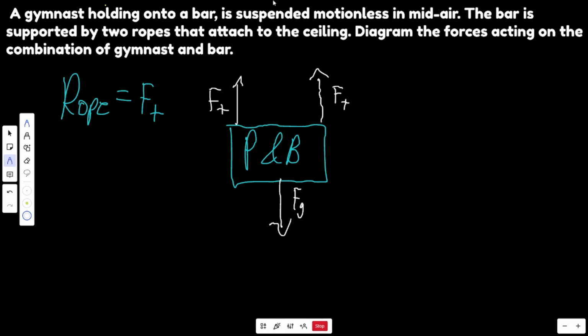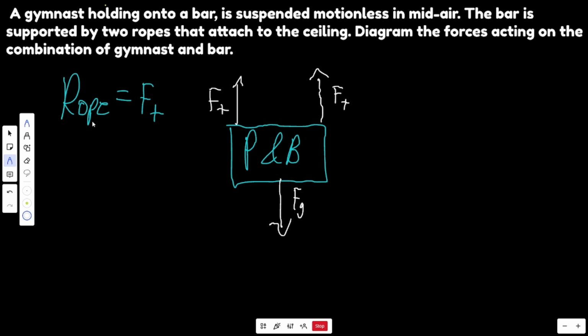And this is how you're supposed to approach situations that involve essentially quote-unquote two objects. So in this situation, we have the two objects being the gymnast and the bar. You're supposed to make the diagram of both of them, so just put them in one rectangle.